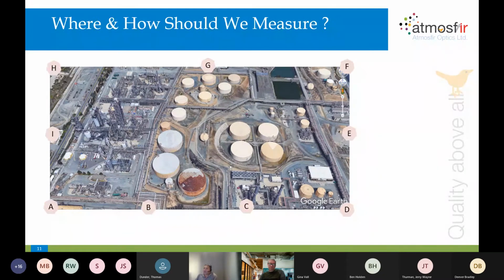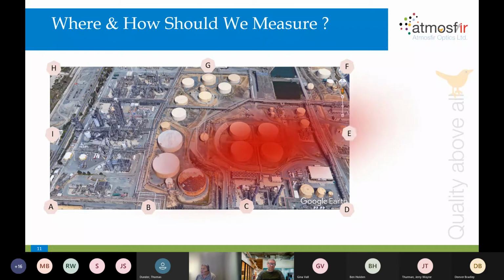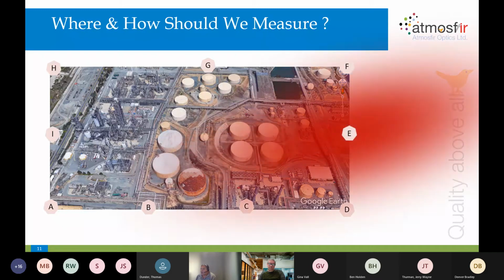The next question is, where should we measure them? As we know, air pollution moves with the wind. So if we put our point monitor or monitoring station at point I, H, A, or G, we will not measure anything. If we put our point monitor at point E, we will bias the result high because it's not representing the whole fence line.